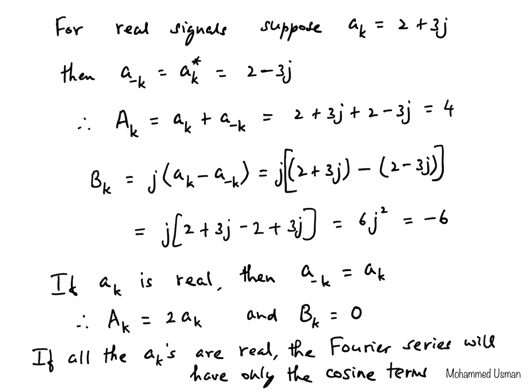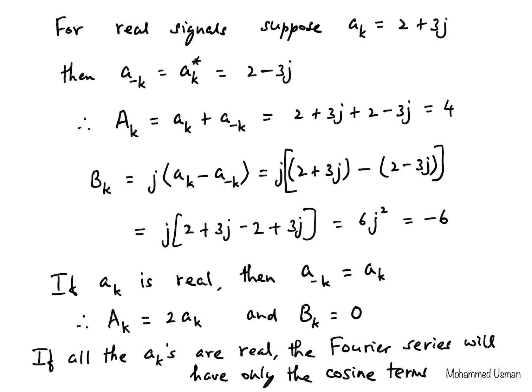If it is the Fourier series in the sine and cosine form, then we need to compute the capital AK and capital BK terms. And again, the A minus K term can be obtained from the AK term in most of the cases that we will come across in this particular course.